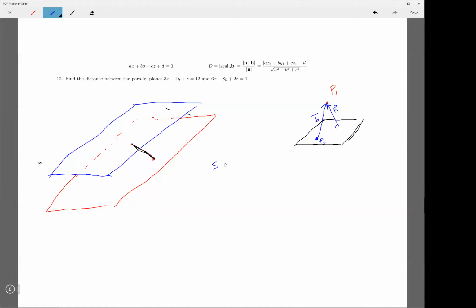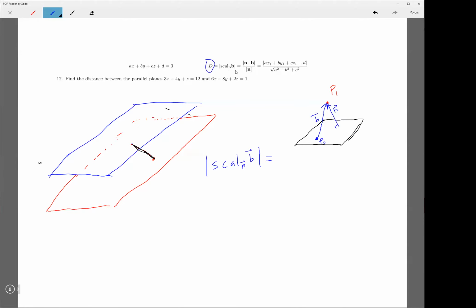And the scalar projection, no, the scalar projection of B onto the normal vector is actually going to be the distance. So if you project this vector B onto this normal vector, then that's going to be the distance right here.